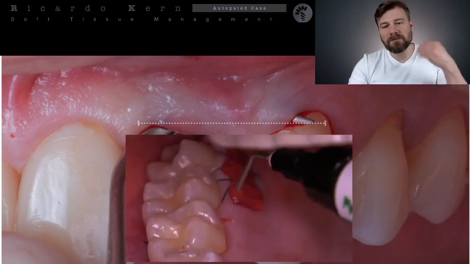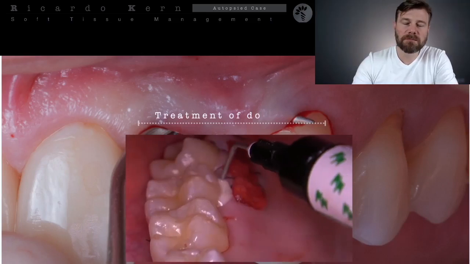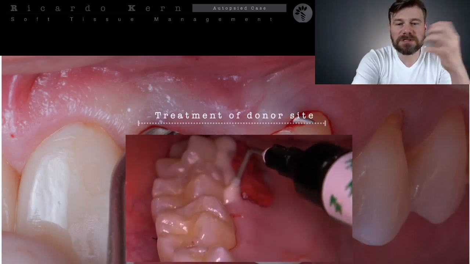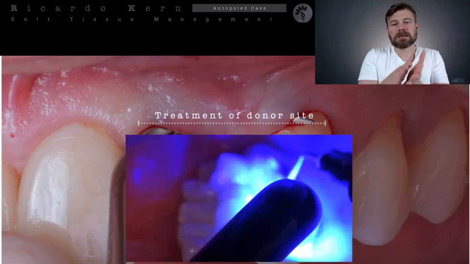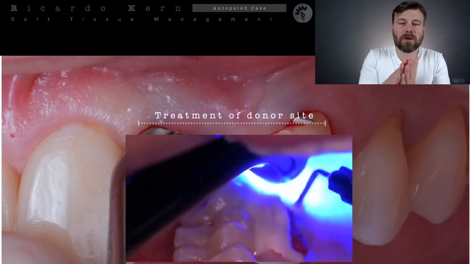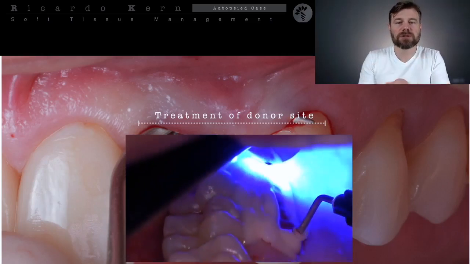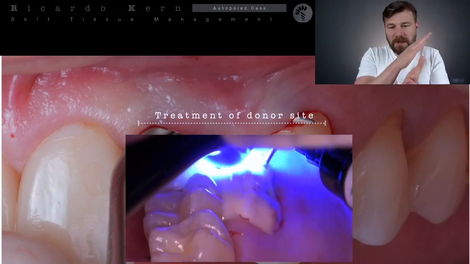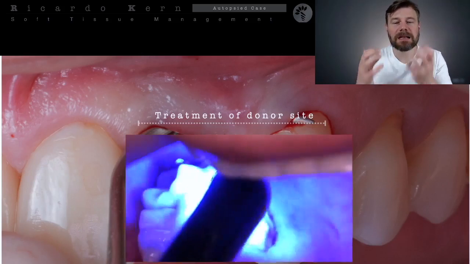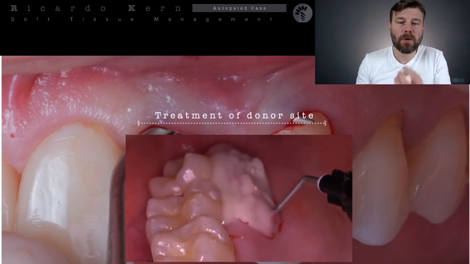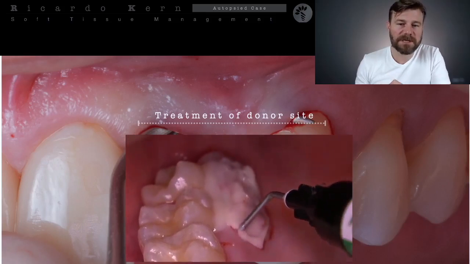Okay, first I'm going to talk to you about the way we protect the donor site nowadays. The site where I just harvested my connective tissue, we protect with a collagen membrane, we suture that, and over the collagen membrane we lay down a layer of flowable composite resin.